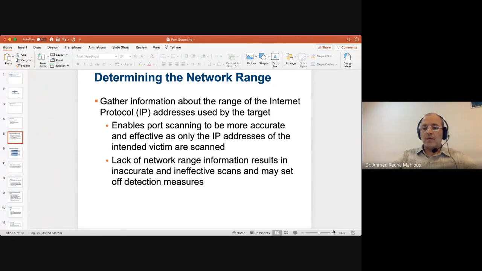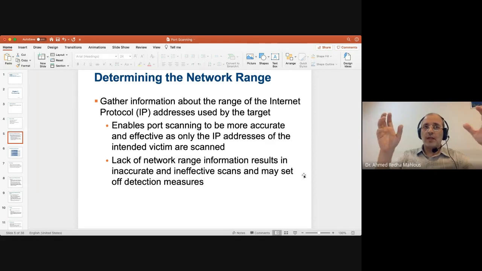Now if you know, for instance, the IP addresses used by your target, you will focus on those IP addresses. When you do port scanning, you will do it on some specific IP addresses instead of scanning the whole network range, as we mentioned in the previous chapter, such as a class A, class B, or class C network.